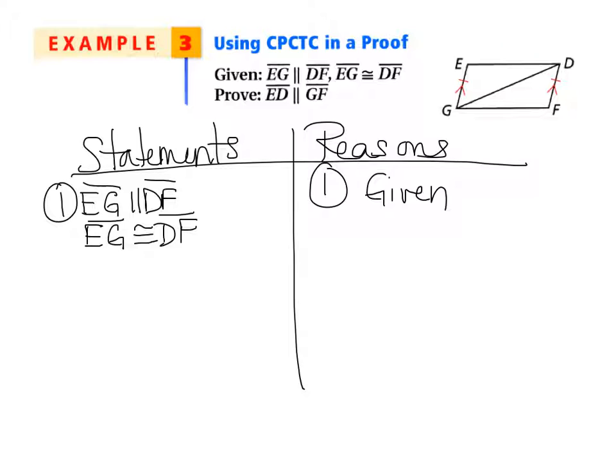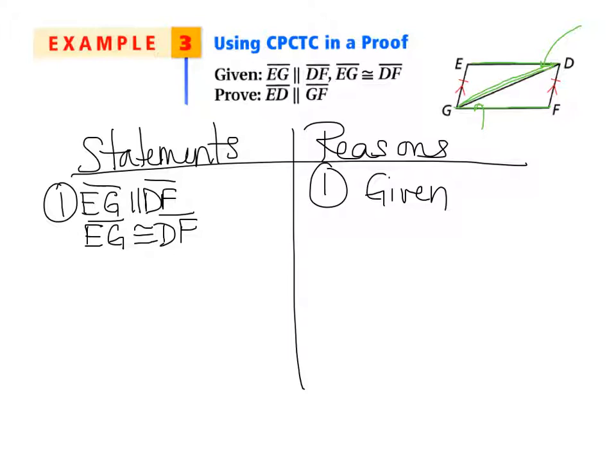So if I'm looking at ED and GF parallel, I have a transversal between them, which is segment GD. I can prove the alternate interior angles congruent in order to prove them parallel. So my goal is to prove that this angle here and this angle here are congruent.